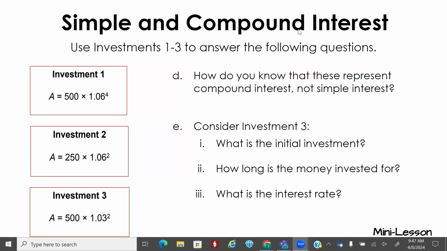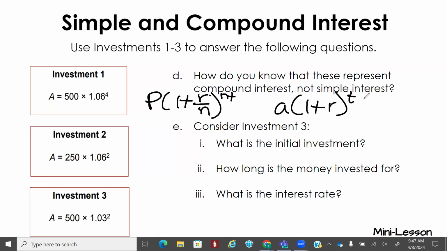So compound interest looks like this. And simple interest looks like this. So what's the difference?